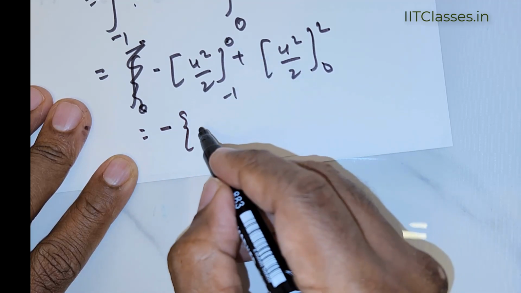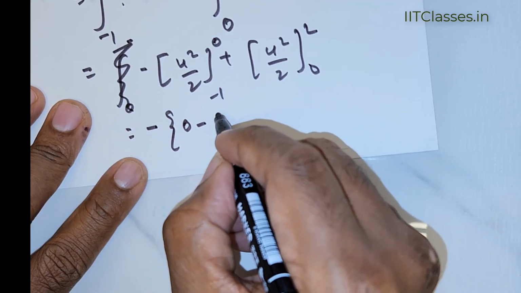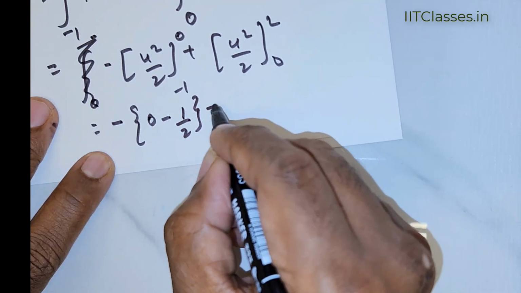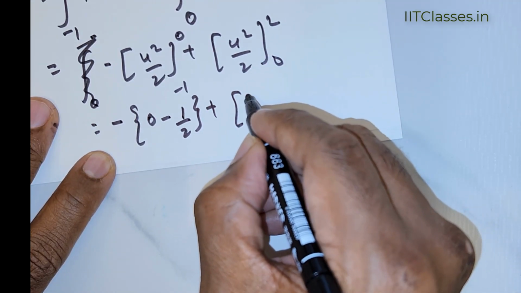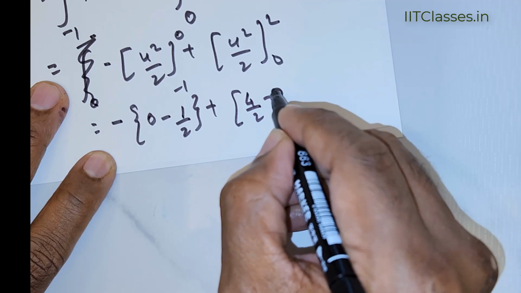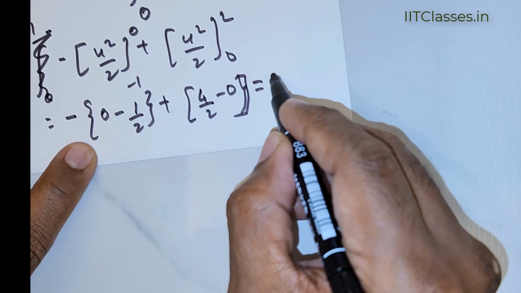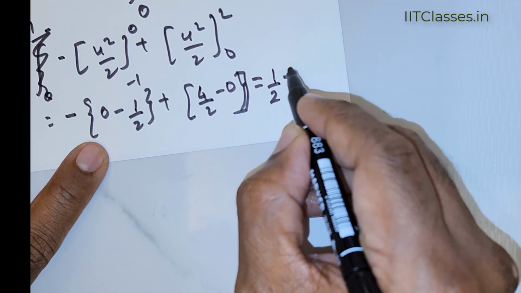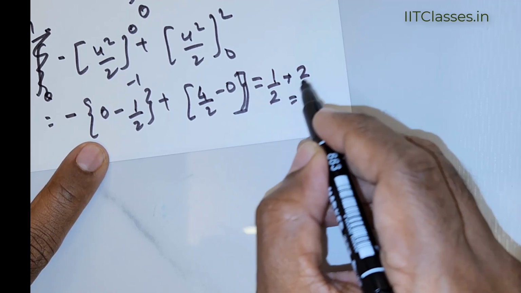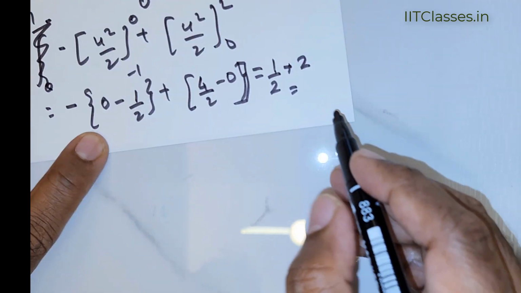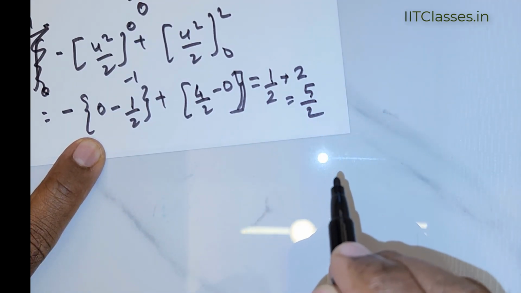So you substitute the upper limit, you get 0. You substitute the lower limit, you get 1 over 2. You substitute the upper limit, you get 4 over 2. Lower limit will give you 0. So this is going to give you positive 1 over 2. This is going to give you 2, and you simplify this, you get 5 over 2.